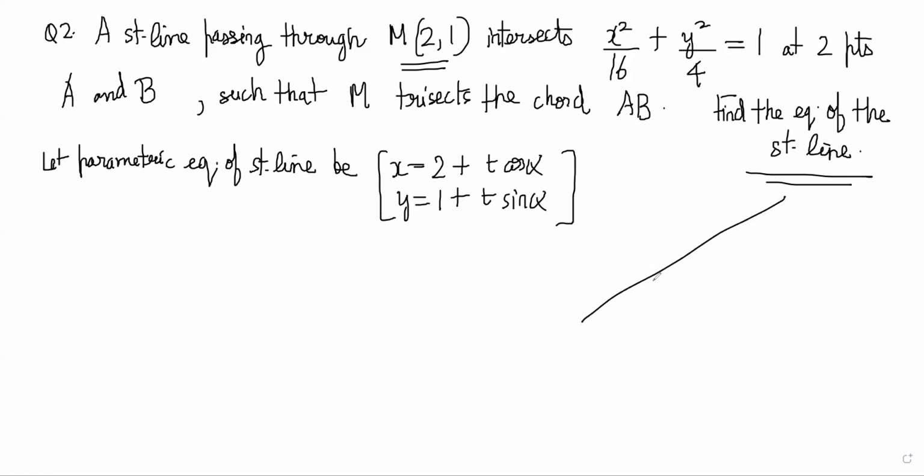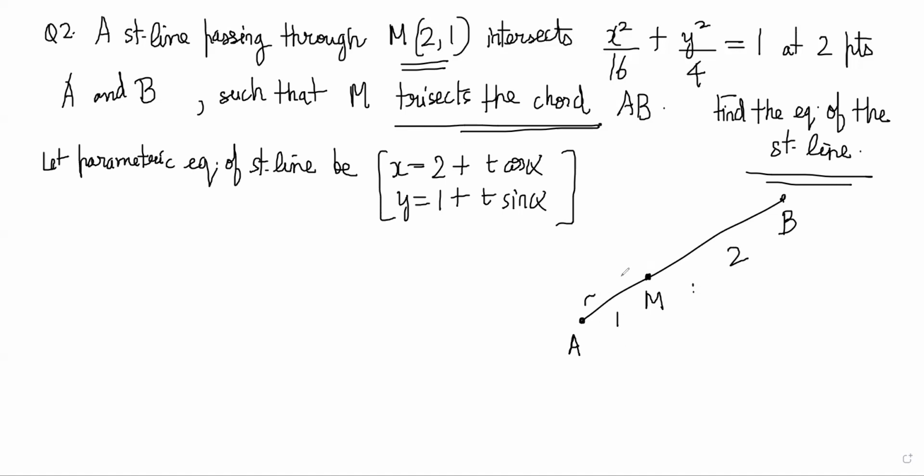Now this is the straight line, and M is somewhere here, and we can say A is here and B is here. Why are we saying that? Because M trisects the chord AB, right? So the ratio can be written as 1 is to 2.